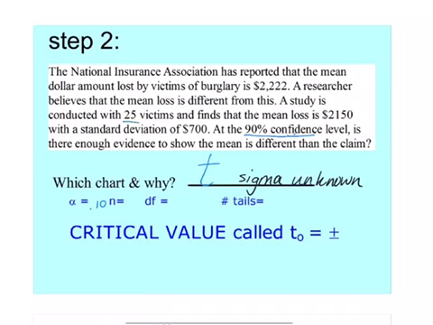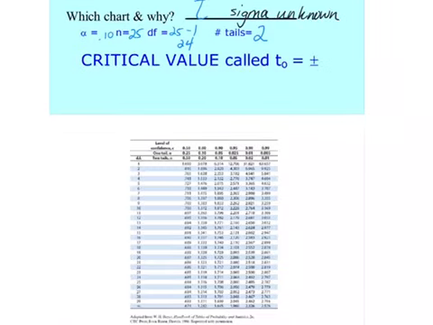N is 25, which means we have 25 minus 1 or 24 degrees of freedom. I see the word different. Different means two-tailed. So using my T-table, my critical value using alpha two-tailed at 10% right here, which would be the same as 90% confidence right here. It's the same column reading down. 24 degrees of freedom.